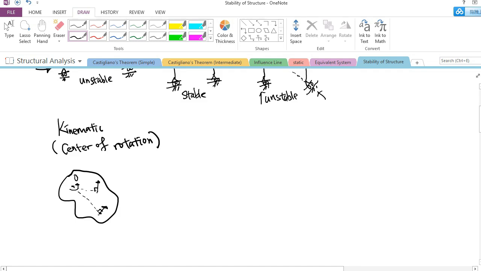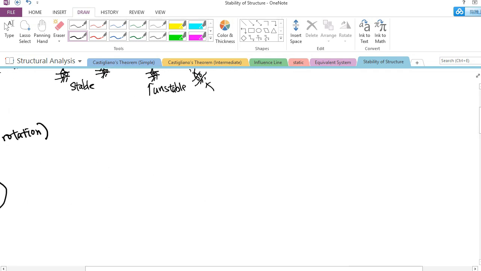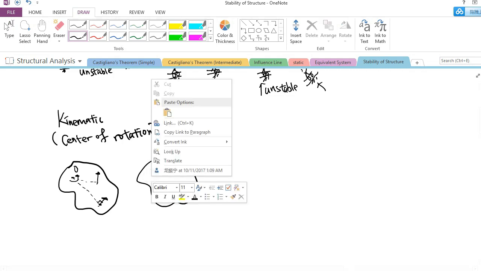One question: let's say I have a structure, and this point is pinned.